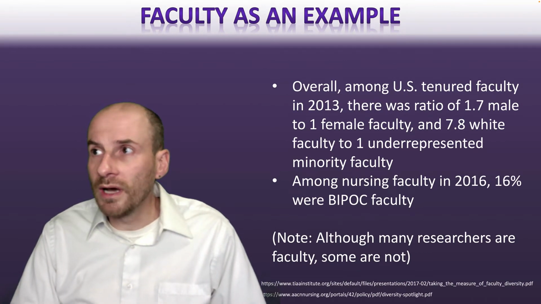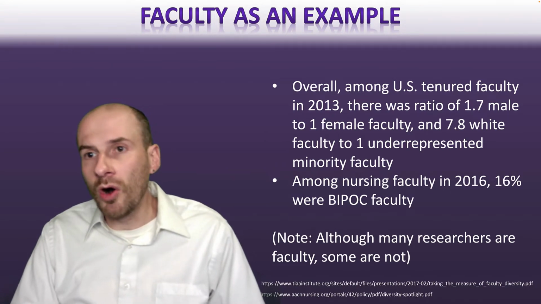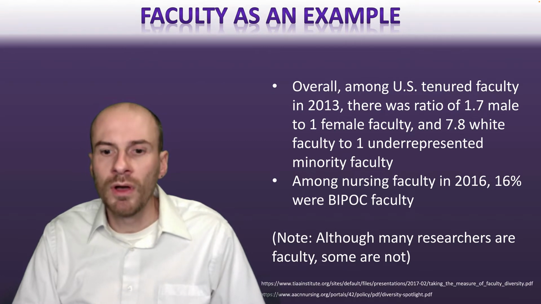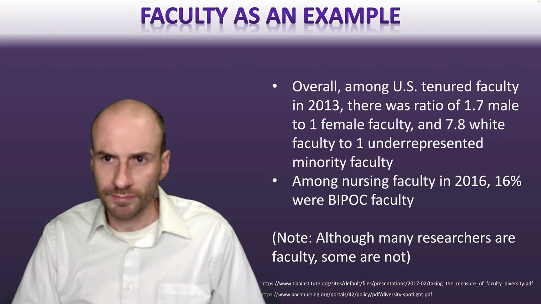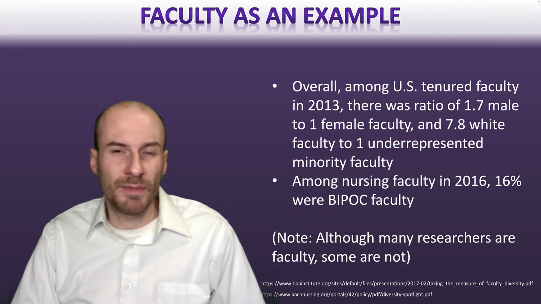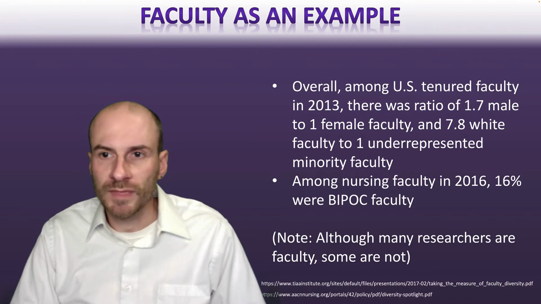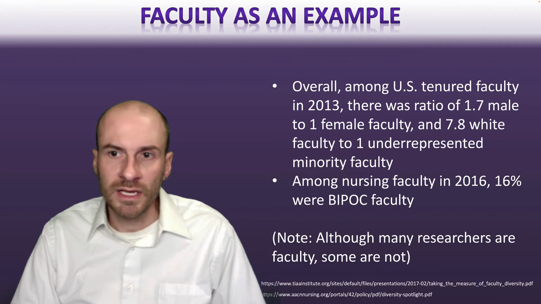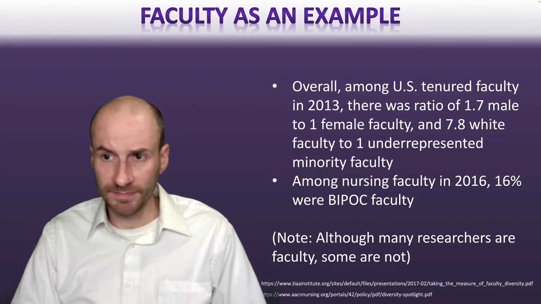So one way of thinking about this is to think about faculty in the United States. Now, not all research is produced by faculty at universities, for example, but a lot of the research is produced through higher education and faculty members. So we can use that as a proxy for thinking a little bit about who's doing health research. If you look at tenured professors on the whole in the United States, there's about 1.7 male professors to 1 female faculty member.